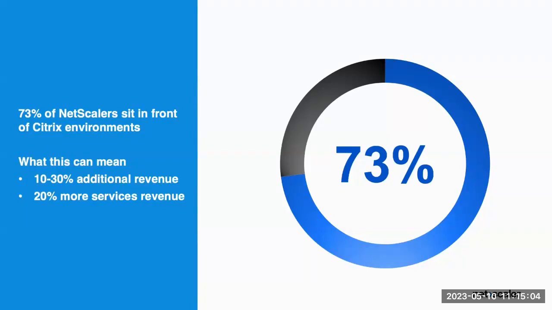However, that said, I think we can all acknowledge that NetScaler in front of Citrix has been a good business for all of us. And we've also found that partners who actively promote NetScaler into their accounts regularly add 20 to 30% more revenue to a DaaS deal, and also increase their services revenues quite substantially also.